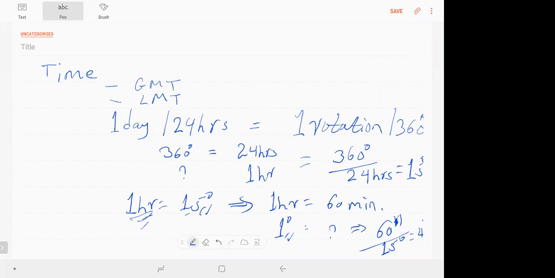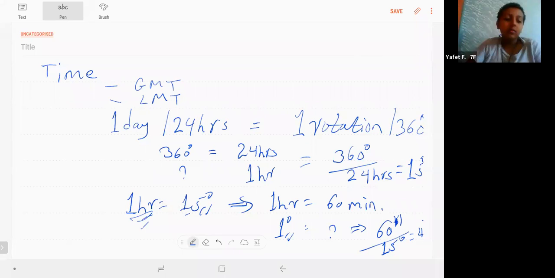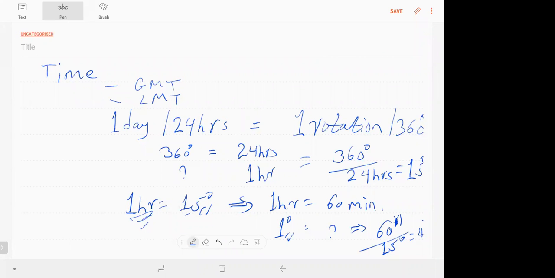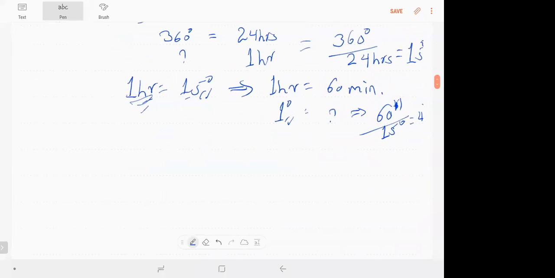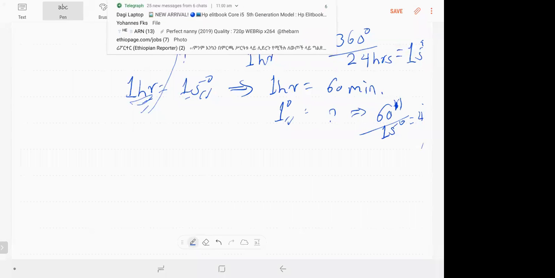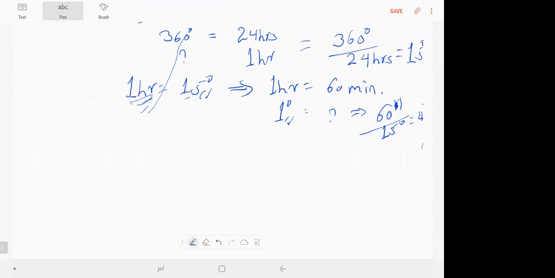But to calculate the time and the degree difference, we use techniques. But don't get confused with the mathematical equivalent and the rotational equivalent, okay?